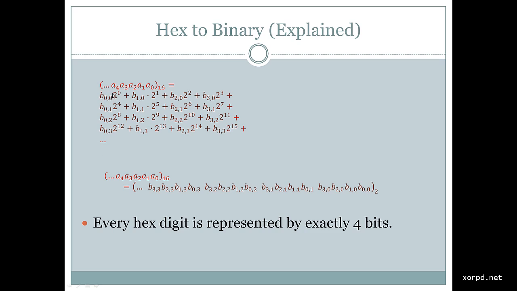This is going to be the lowest digit because it is multiplied by 2 to the 0, and we put it here as the lowest one. Next, we go to this digit, B10, which is multiplied by 2 to the first. That means that it is going to be the second digit, and it is put here. The next one is B20, and in the same way, we put it here, the third one.